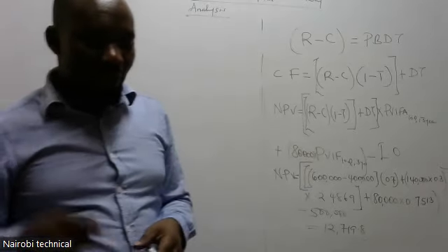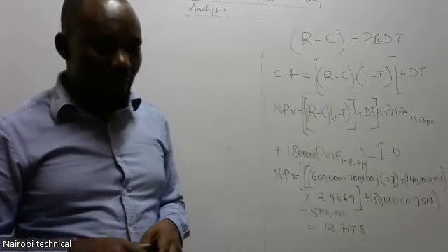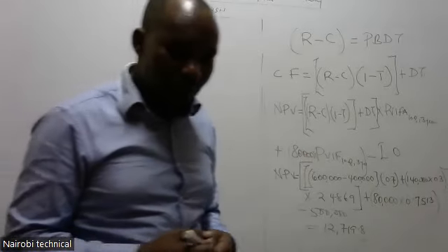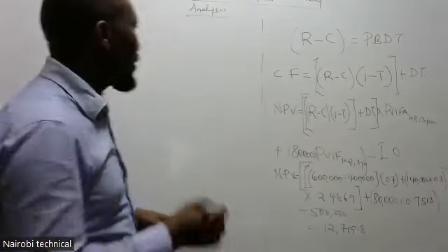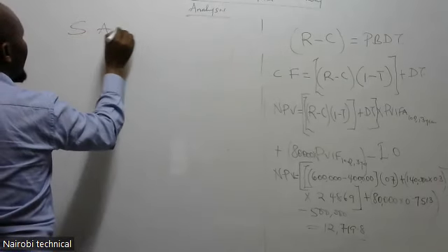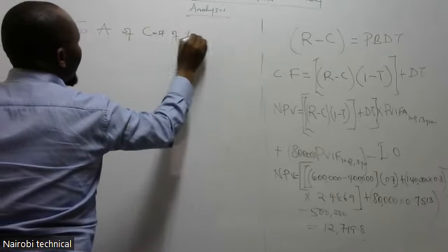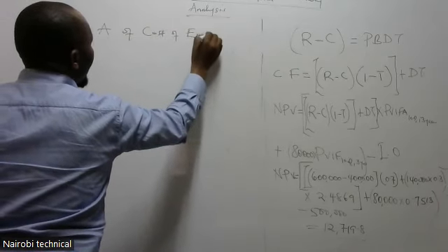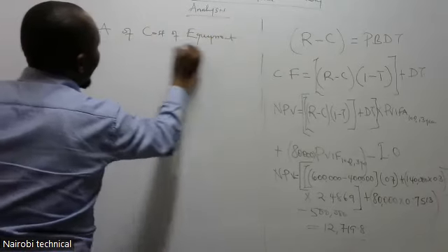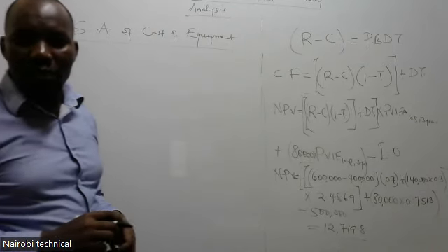In this case, we have only the cost of equipment, not the cost of running the business. That is also another variable. So let's look at the sensitivity analysis of the cost of equipment.